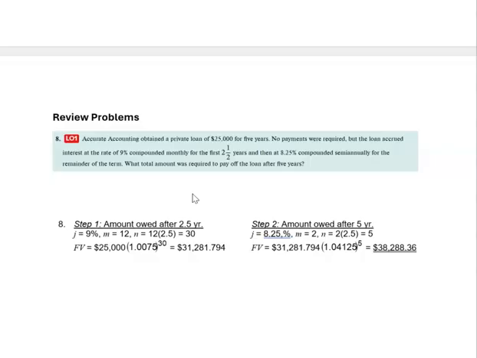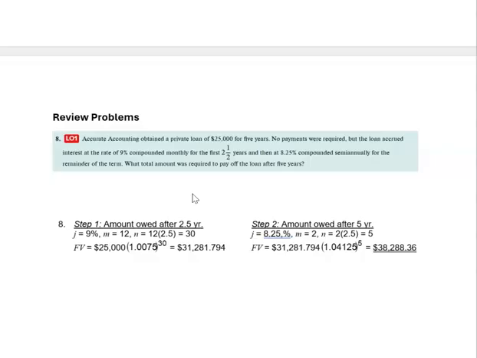Remember, we did a question like this back when we were doing the future value. So your best bet here is to draw a timeline. We need to figure it out in 2 steps. The first step is based on the 2.5 years, so let's do that part first.